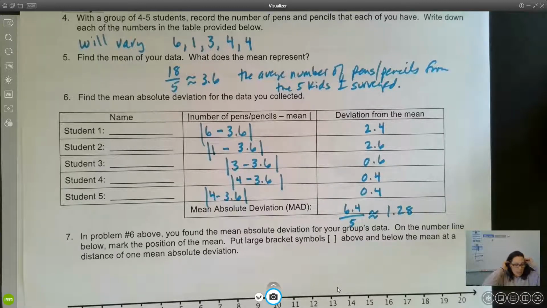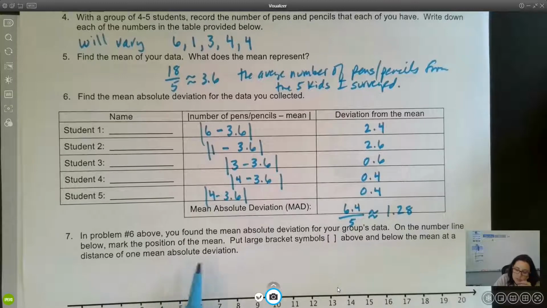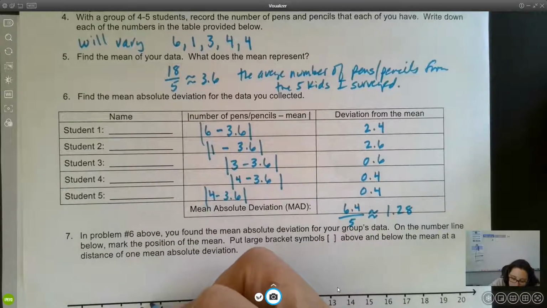Okay, all right. In problem number 6 above, you found the mean absolute deviation for your group's data. On the number line below, mark the position of the mean. Okay, so our mean was 3.6.